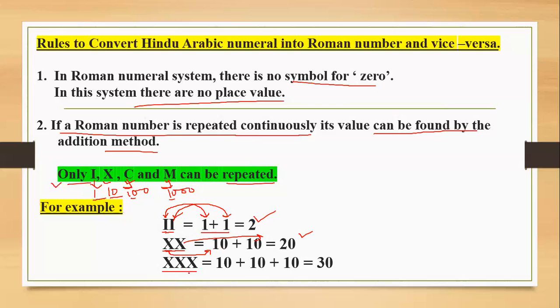So we have to add the value of X, that is 10 plus 10 plus 10, 3 times, and then it would be 30. So 3 X's represent 30 in the Hindu-Arabic system, 2 X's repeating show 20, and if 2 I's are repeating, then it is 2.